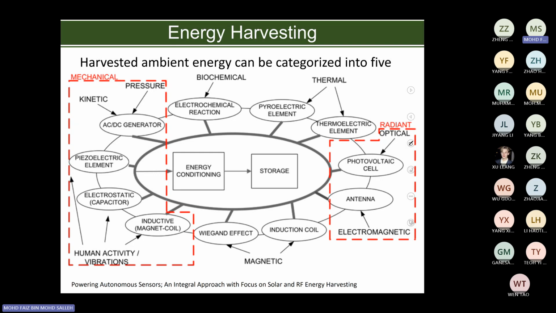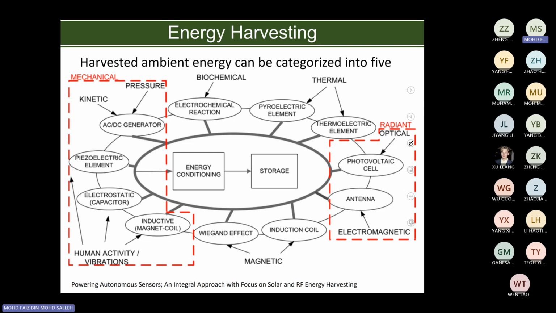So this is from our ambient that we can harvest. What kind of tools, what kind of device, what kind of transducer can we use to harvest that energy?